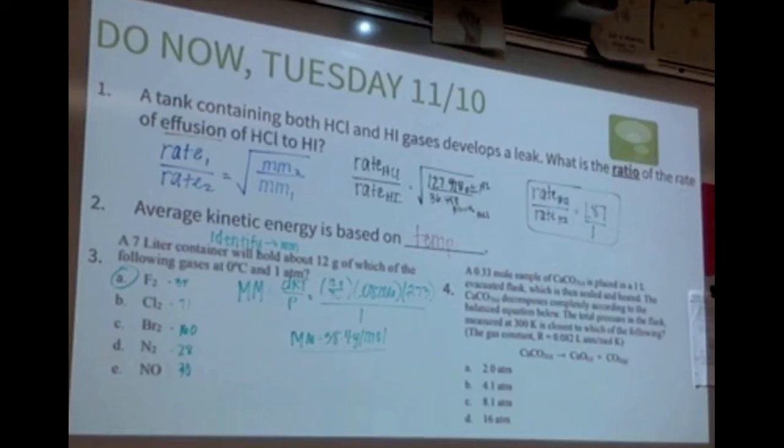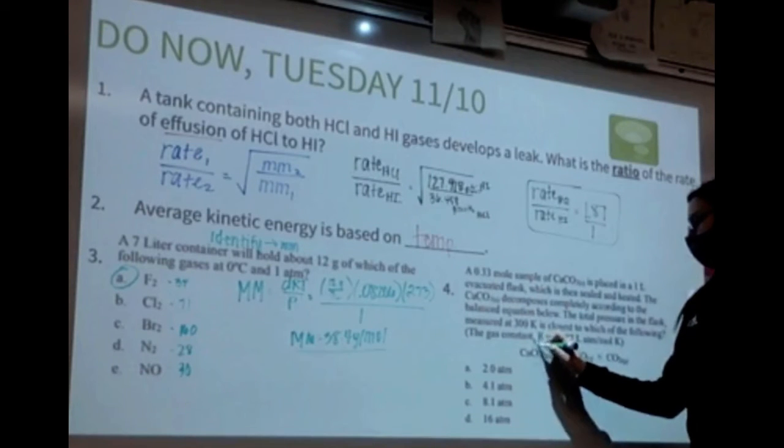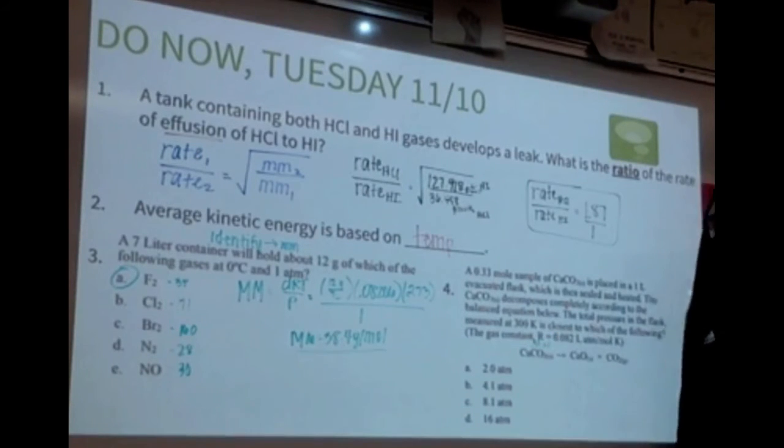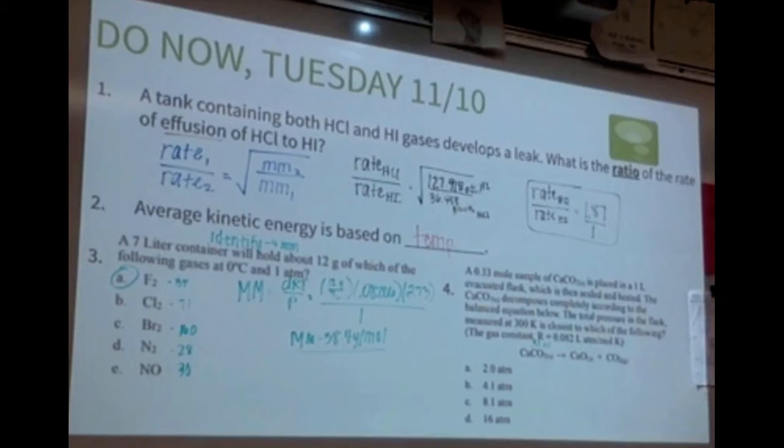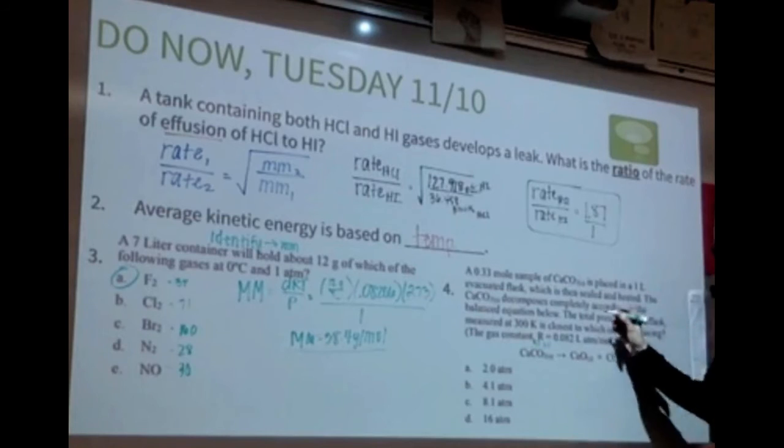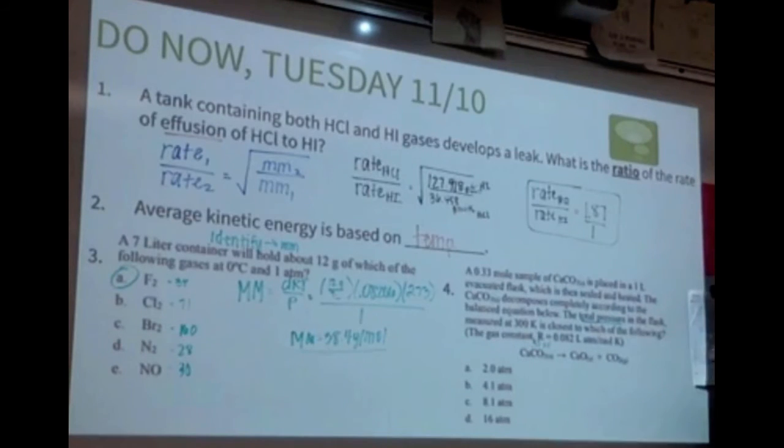So here's what we need to think about first. We have 0.33 moles of a solid that is put into a flask. It wants us to calculate pressure. So we know we're going to be finding total pressure. We need to stop and think first.